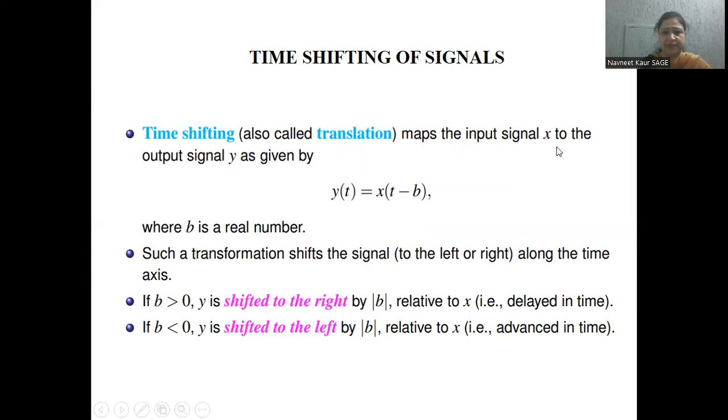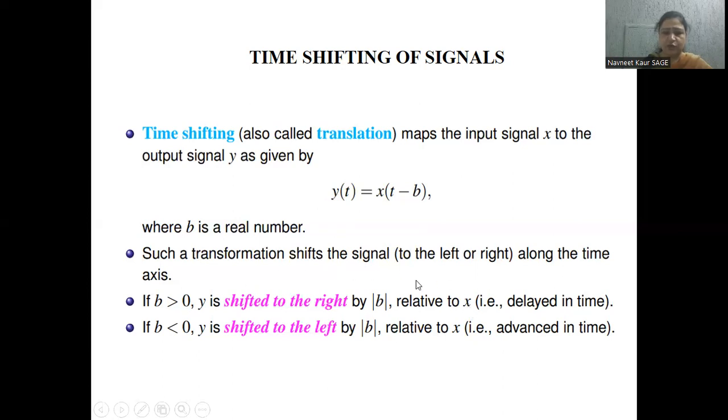Now time shifting, which is also called translation, maps the input signal x(t) to an output signal y(t) as given by y(t) = x(t - b), where b is a real number. Now if b is greater than 0, then y is shifted to the right by magnitude b relative to x.